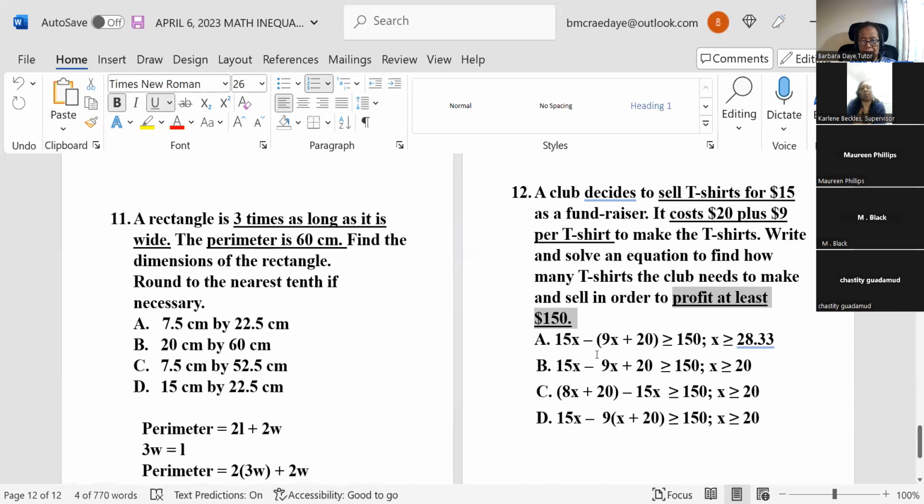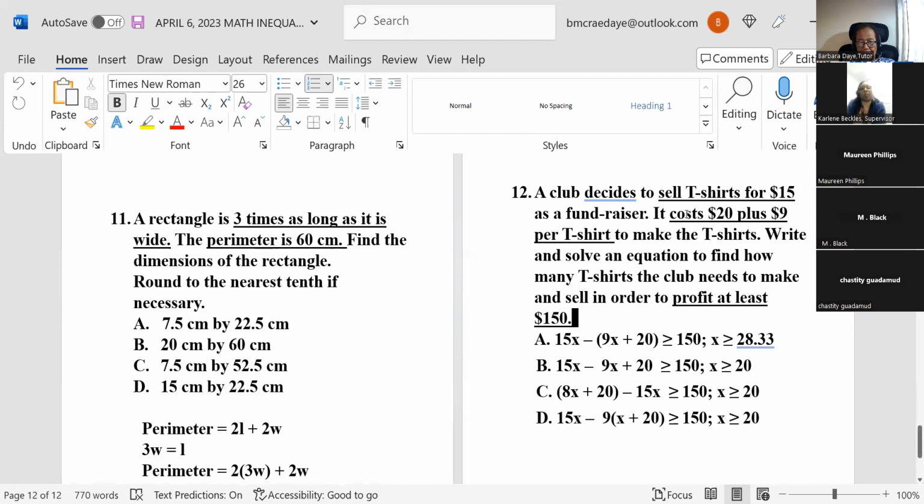So you use the 9 with the number of t-shirts. We're trying to find the number of t-shirts needed to get this profit. So the 20 is like a fixed cost, like we had on the other problem. Okay, it's $20 fixed, and then it's $9 per t-shirt.